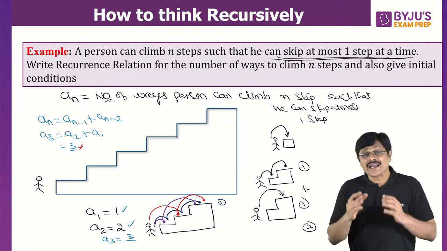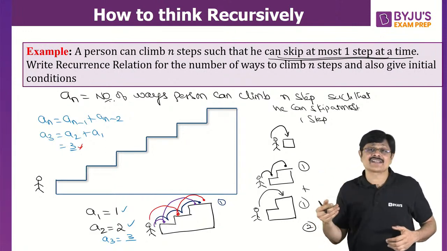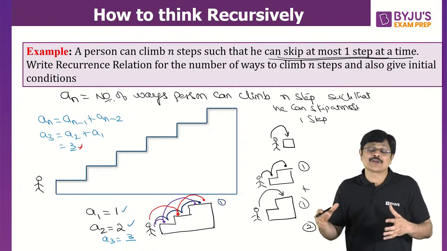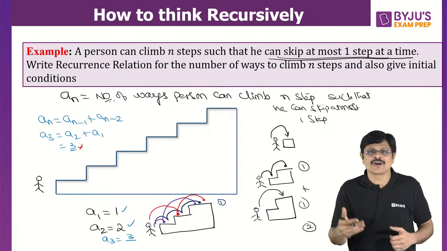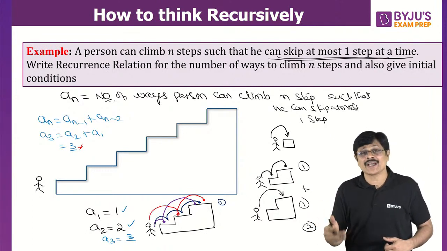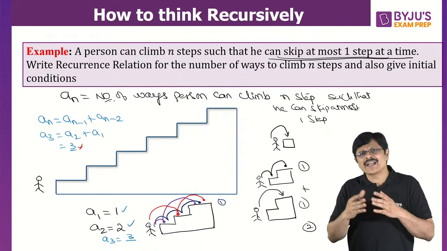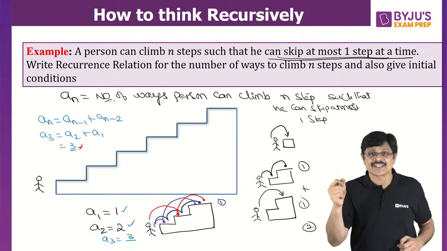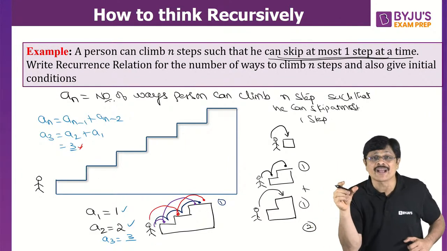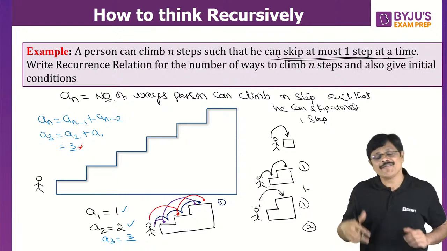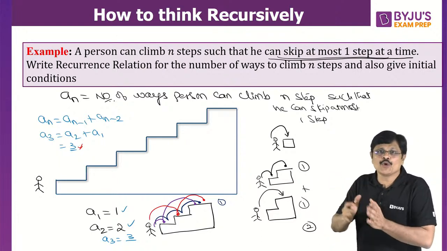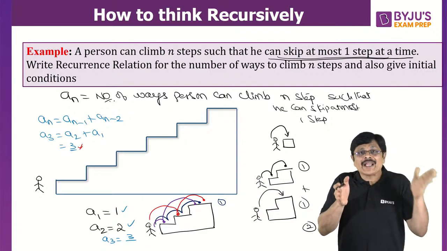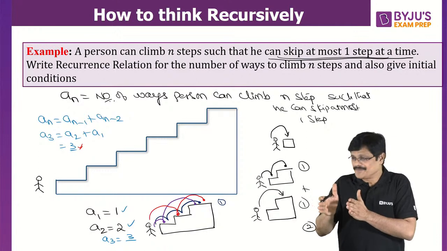If it is a linear recurrence relation, then for solving it we have the characteristic equation method. And there is the recursion tree method, for different types of divide and conquer recurrence relations. For a particular type of divide and conquer recurrence relation we also have the famous master theorem, and variants of the master theorem. These are all solutions; that is the second stage. But when you are learning only recurrence relations, just learn how to write a problem in terms of subproblems. Don't worry about the solution. This is the most dangerous.